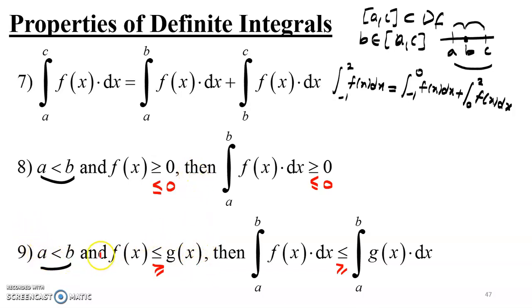So I remind you that these properties are true when the lower bound is smaller than the upper bound over that specific interval.